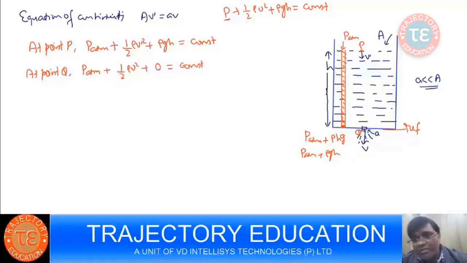Why? Because the weight of the liquid column above this point Q will be under free fall.